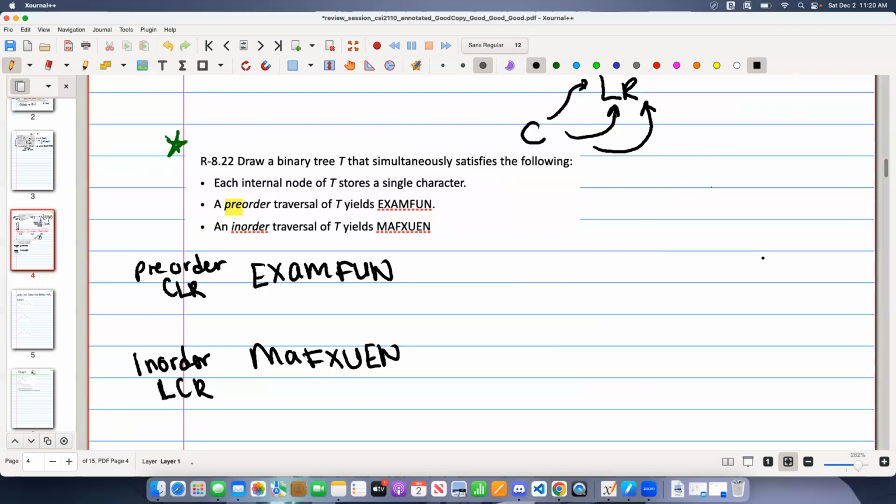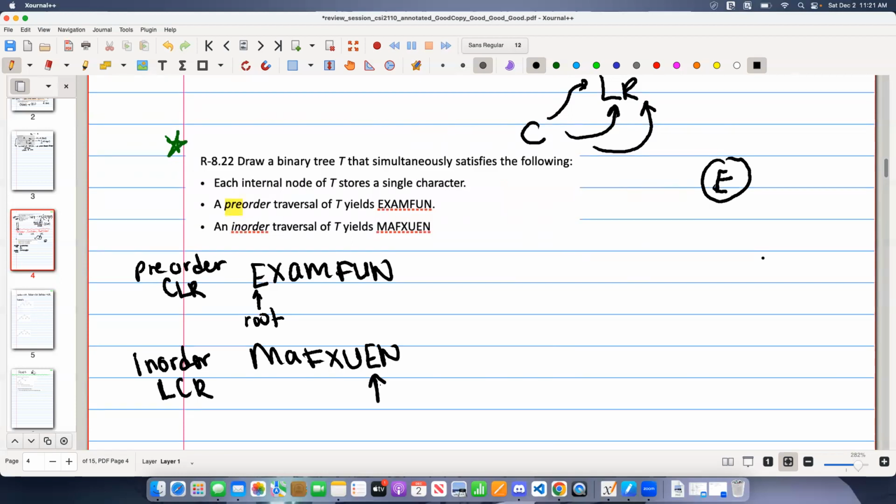So in our first example, we have to start with E as the root node. Okay, so we know that this is root. And now we can go in order and see what's next to this root node. Since in order is left, center, right, whatever falls to the right of E is going to be its right node. So we go to the in order values.